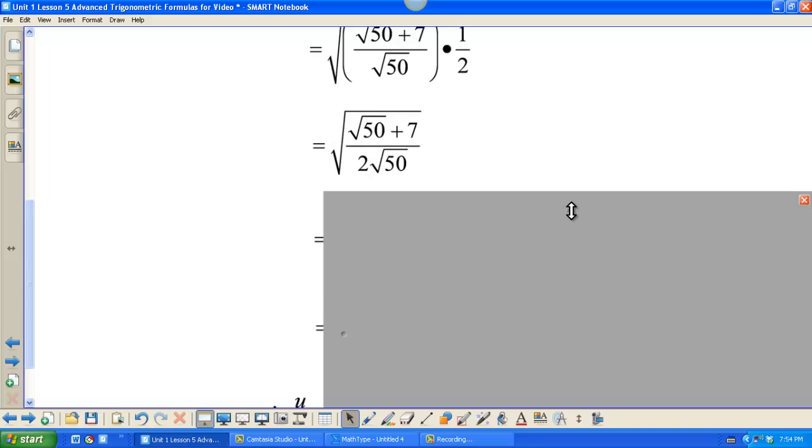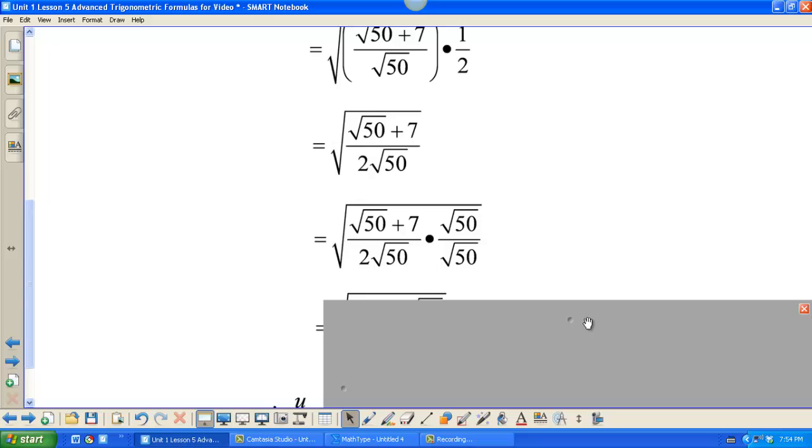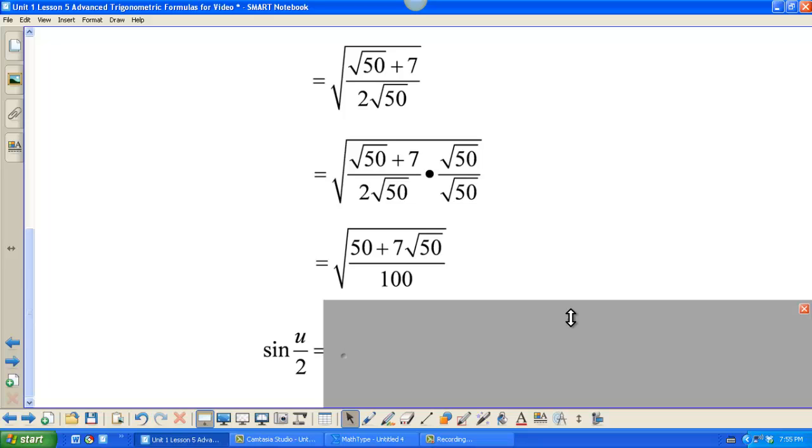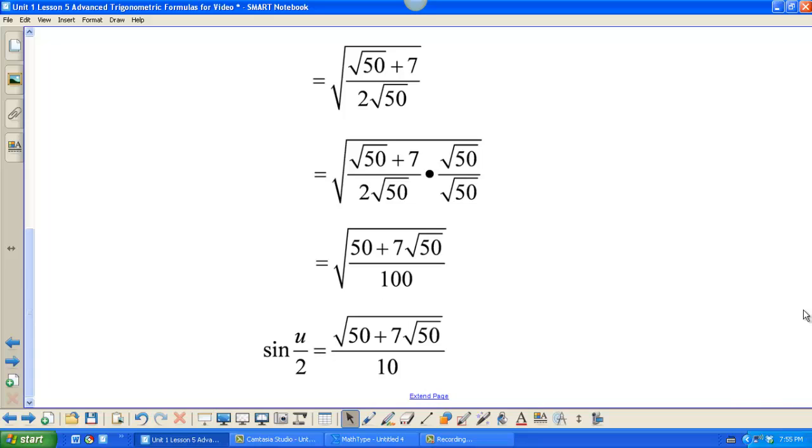What I'm going to do next is rationalize, so I'm going to multiply the numerator and the denominator by root 50 within that big radical. Root 50 times root 50 gives me 50. Distributing root 50 to 7, I get 7 root 50. And 2 root 50 times root 50 gives me 2 times 50, which is 100. The denominator is a perfect square, so my final answer is the square root of 50 plus 7 root 50, all over 10.